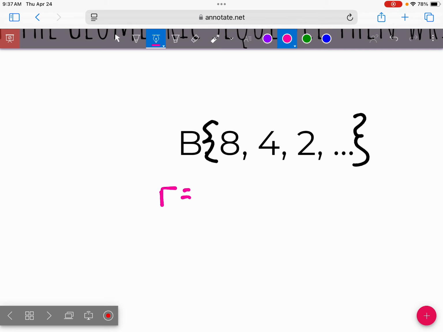So we can take our neighboring terms and we can divide them. So we can take our 4 over 8, and we can simplify that to be our 1/2. We can notice that these are dividing by 2, which is the same as multiplying by 1/2. However it is we notice it, we can figure out our common ratio is 1/2 here.